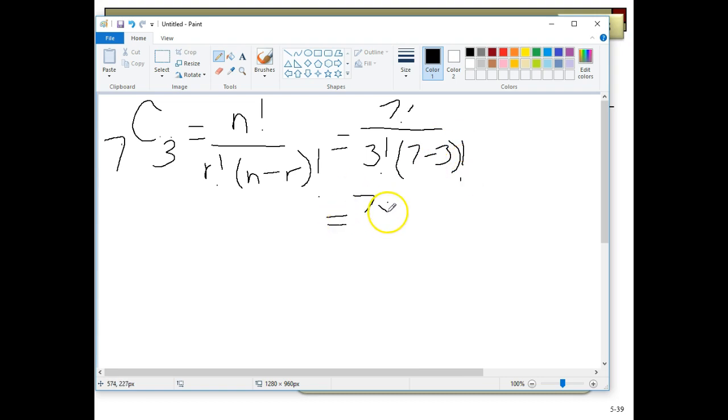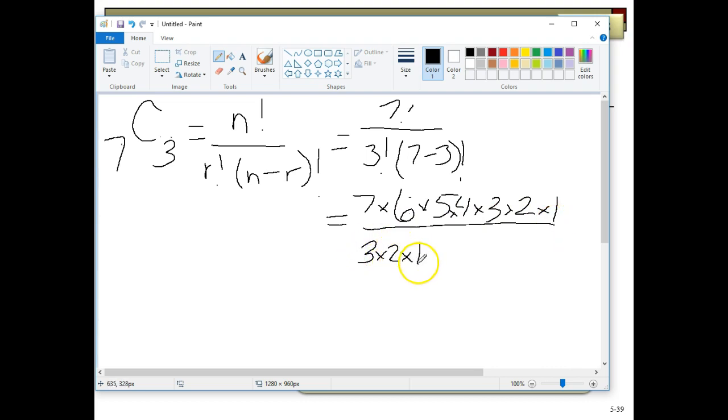So on the top here, it's 7 times 6 times 5 times 4 times 3 times 2 times 1 over 3 factorial, 3 times 2 times 1. And I'm going to just put that in parentheses so we know that that goes there. Times 7 minus 3 is 4 factorial. 4 times 3 times 2 times 1.